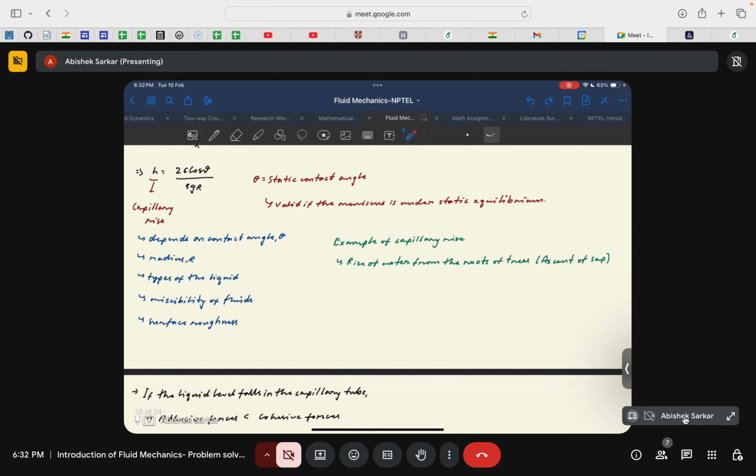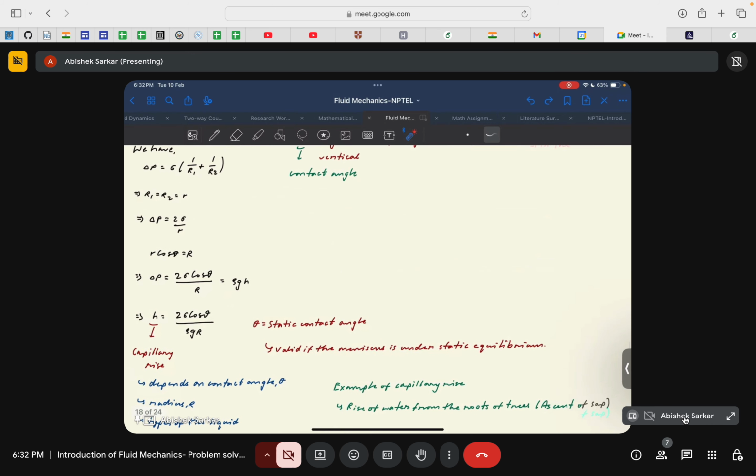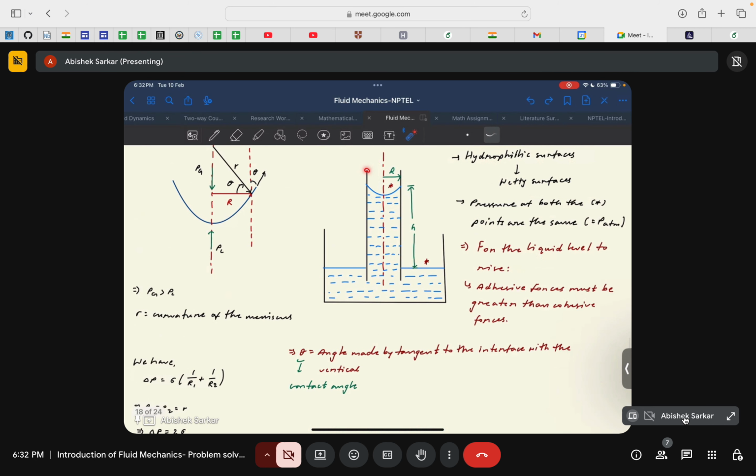It will also depend on the miscibility of the fluids, if there are two fluids interacting with each other. And finally the surface roughness. If the surface is very rough, the capillary rise will again be affected, because the fluid that rises has to undergo much more resistance because of the roughness.